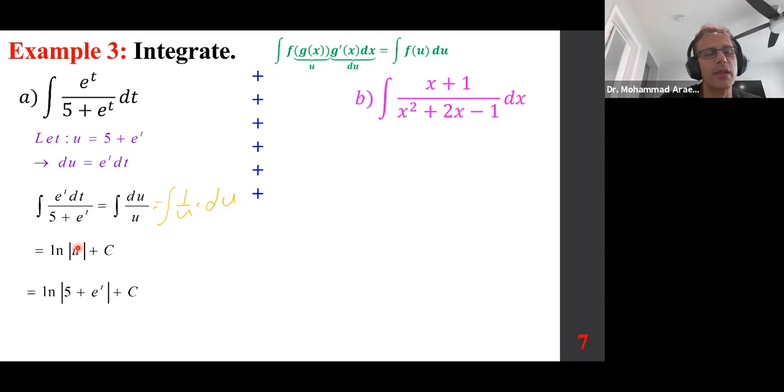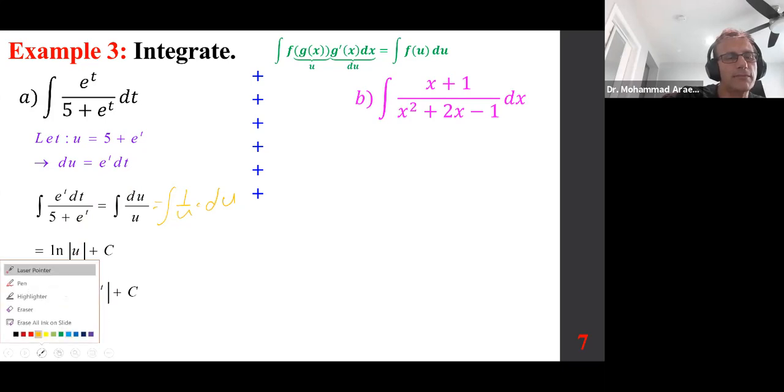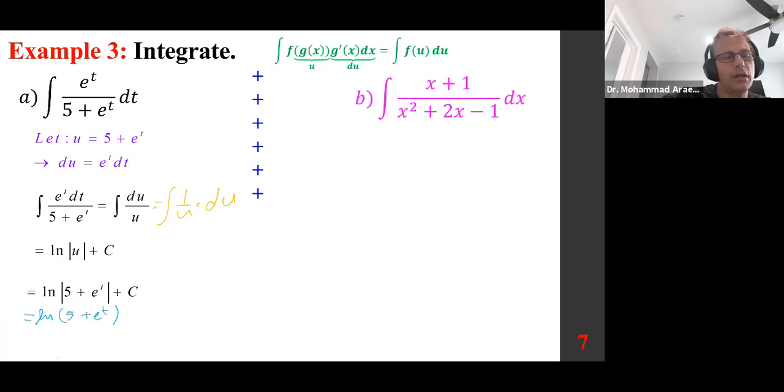If in this case you don't write the absolute value, that's fine. The reason being, 5 plus e to the power of t is always positive. That's why if you didn't use the absolute value, it's fine. If you're not too sure, you must use it.